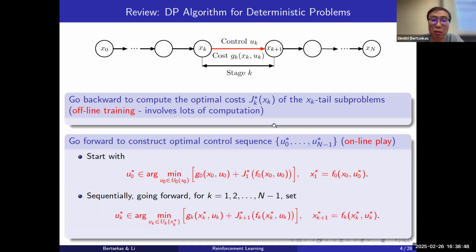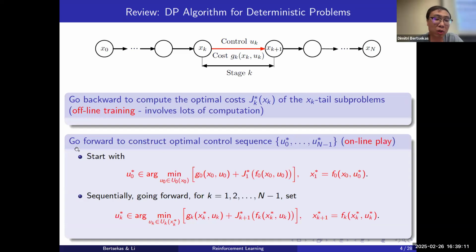As you can see, the distinguishing factor here is that for the offline training and backward calculation process, we need to solve all tail subproblems for all k. And that means if there are many x_k in each layer, then we need to compute the same amount of J_k star.